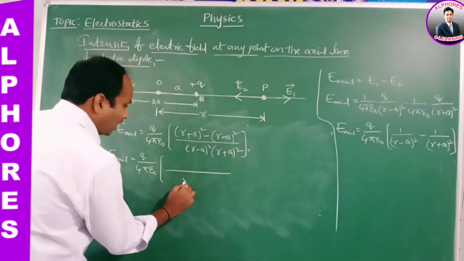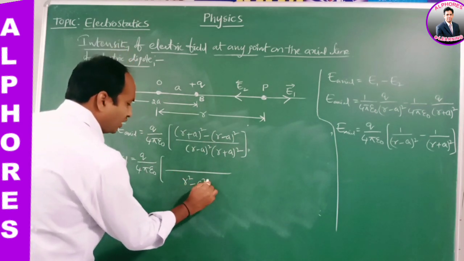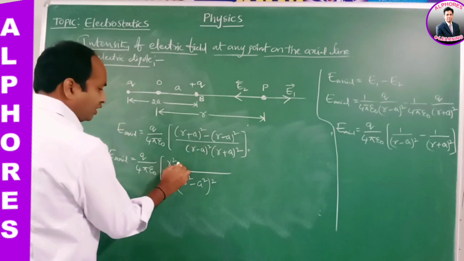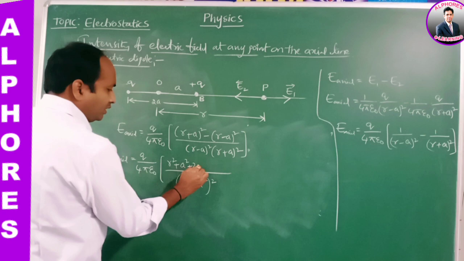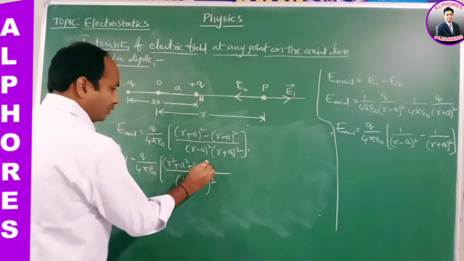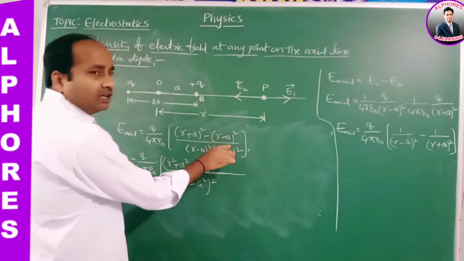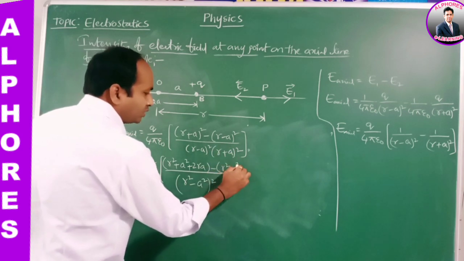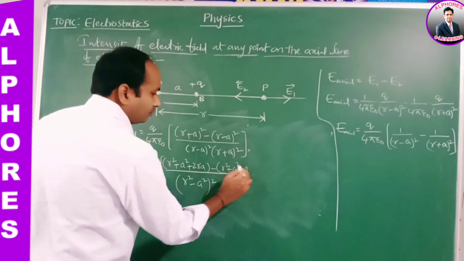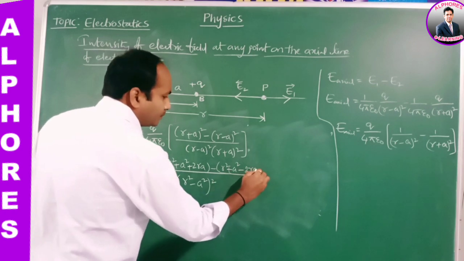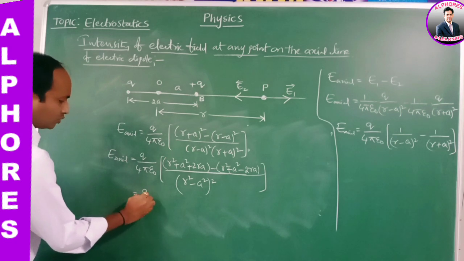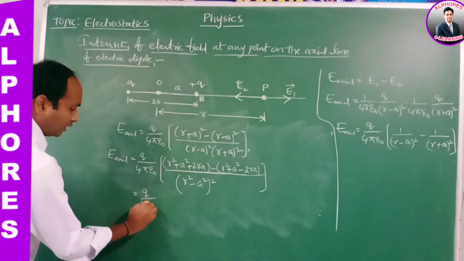So (r square minus a square) whole square. In the numerator, (a plus b) whole square is a square plus b square plus 2ab, minus of (a minus b) whole square, which is a square plus b square minus 2ab. So that equals q by 4 pi epsilon naught.